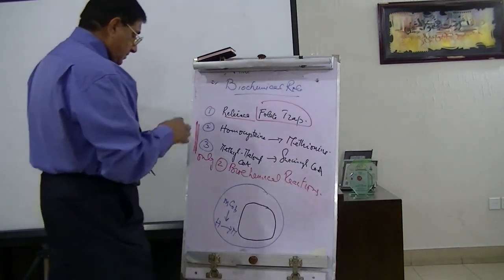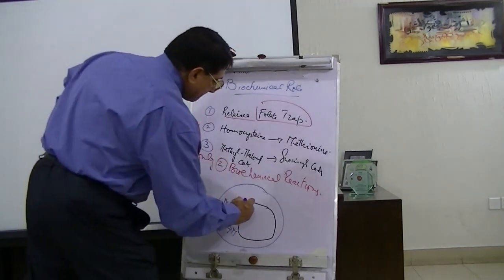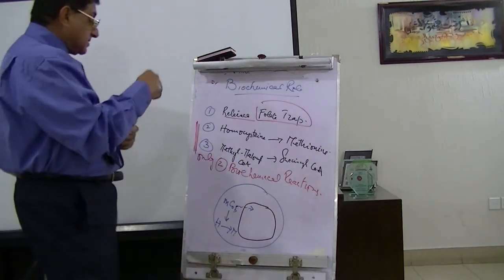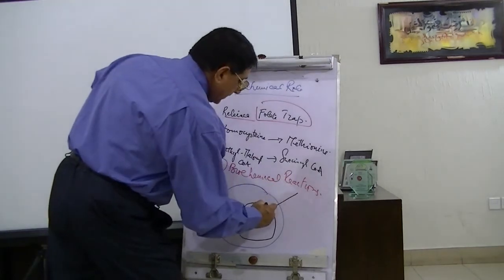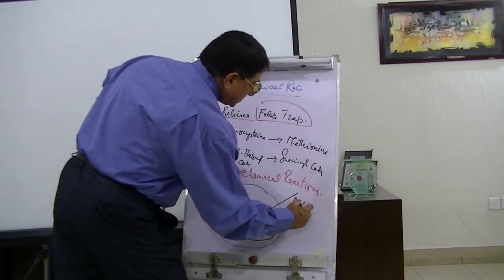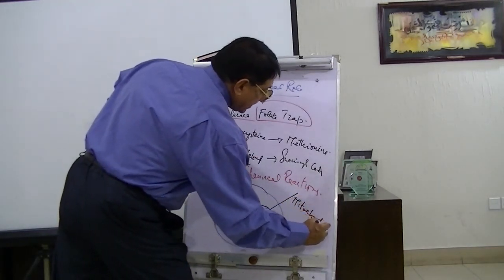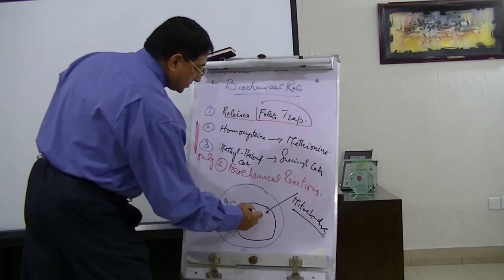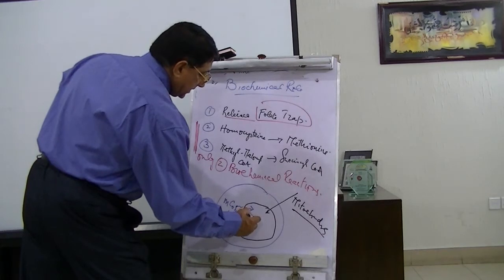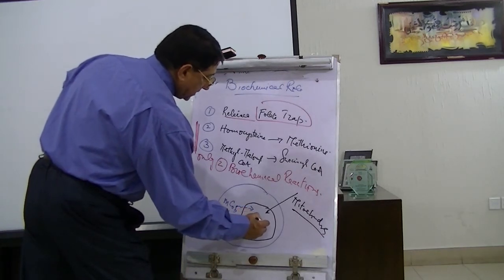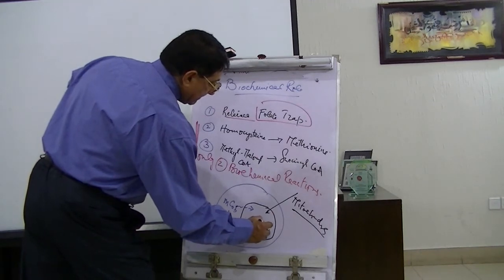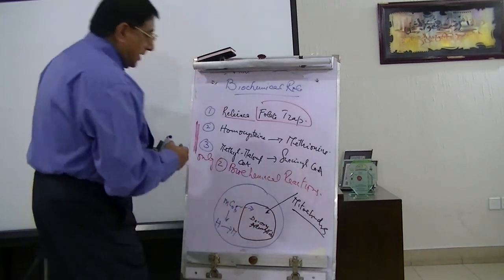Then it would enter the mitochondria, and in the mitochondria it converts to deoxyadenosylcobalamin.